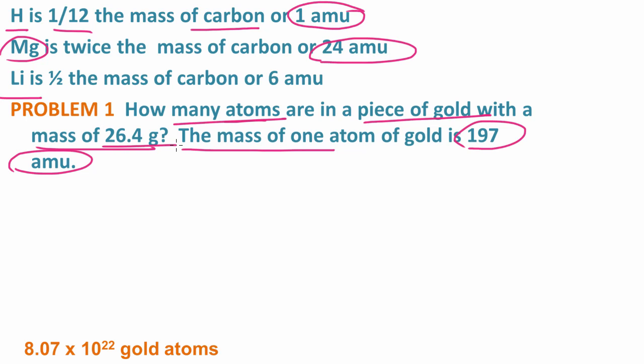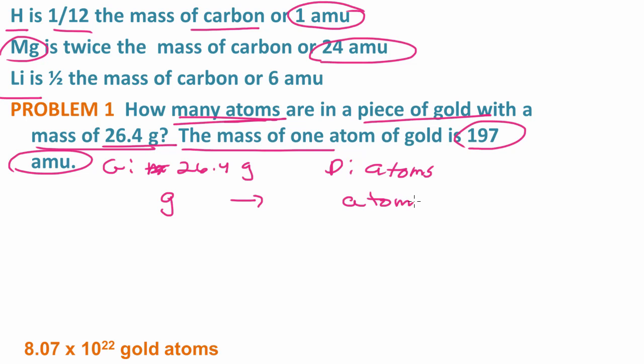So here we're given a mass. So our given is 26.4 grams. And what are we being asked for? We're being asked for how many atoms. So our desired unit here is number of atoms. So we need to go from grams to atoms.